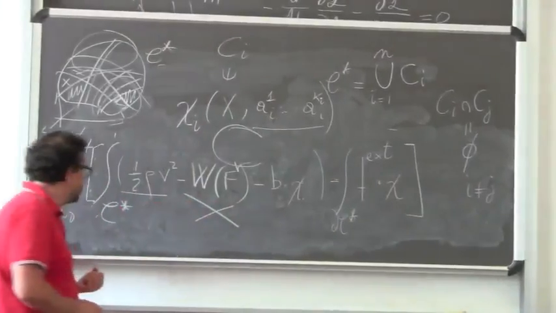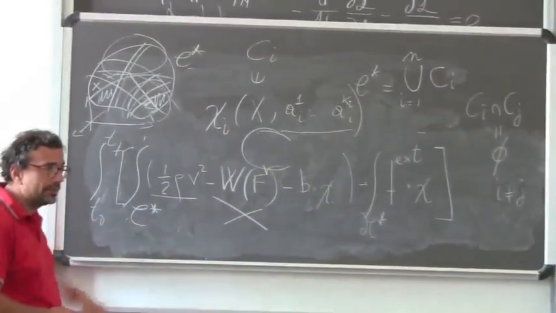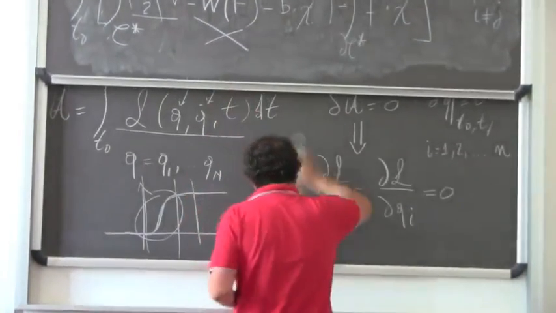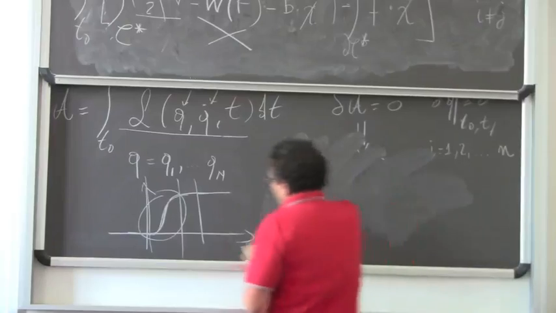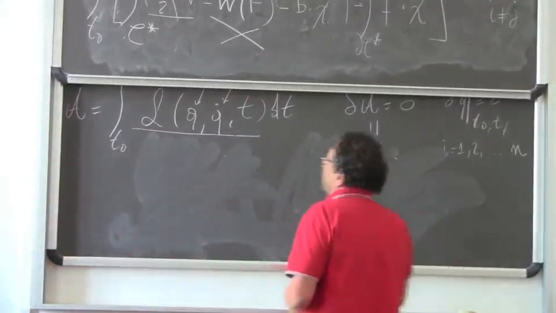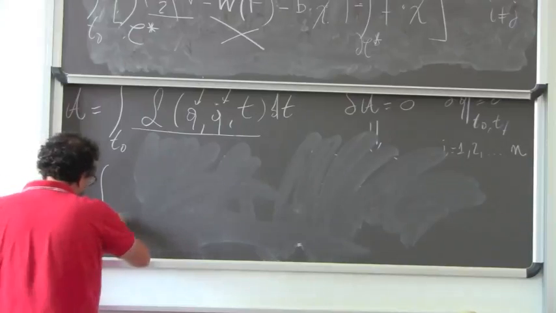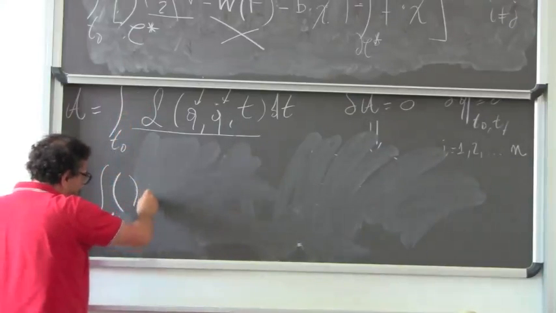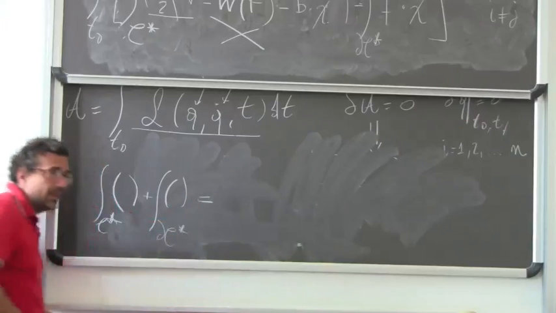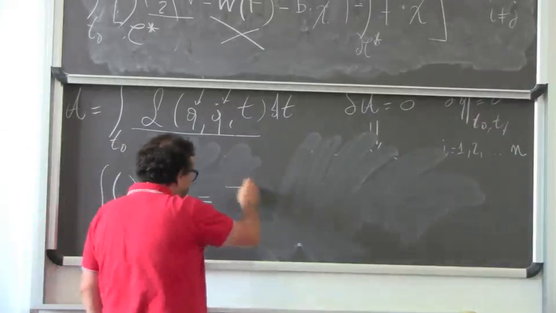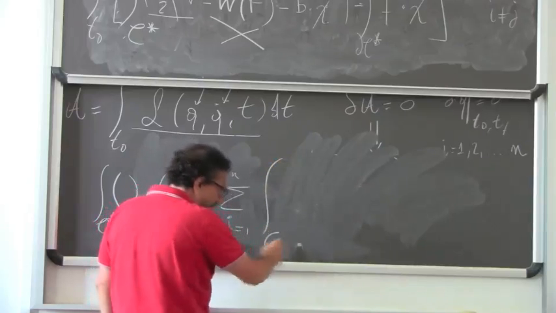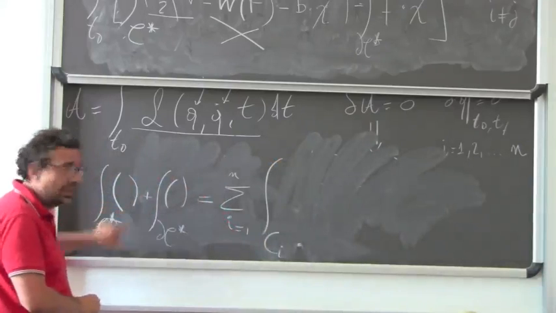Okay. So what can you do? The integral over C star, you can split: the integral over C star of what is there plus the integral over the boundary of C star of what is there can be written as a sum over i of the integral over Ci of the same expression.